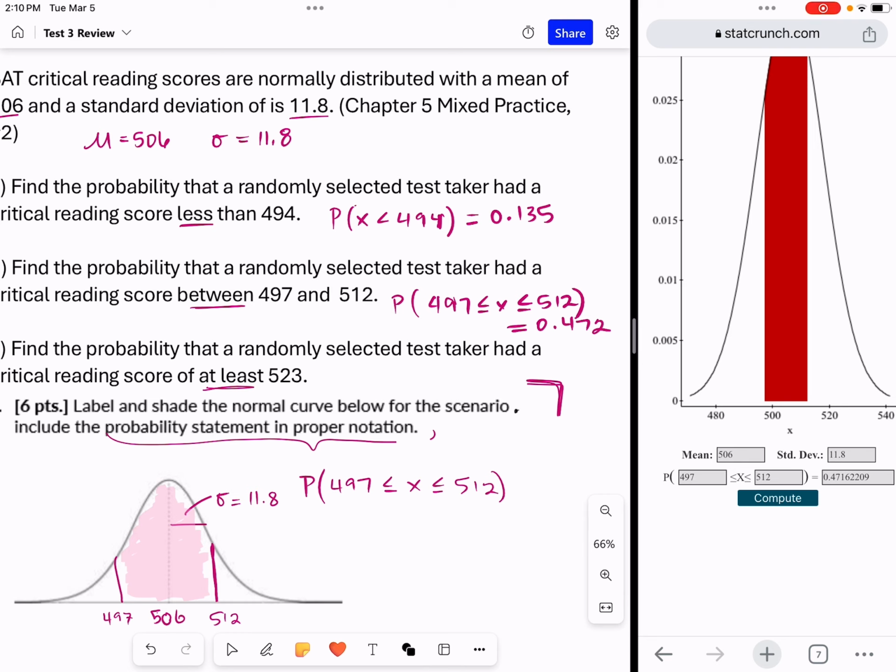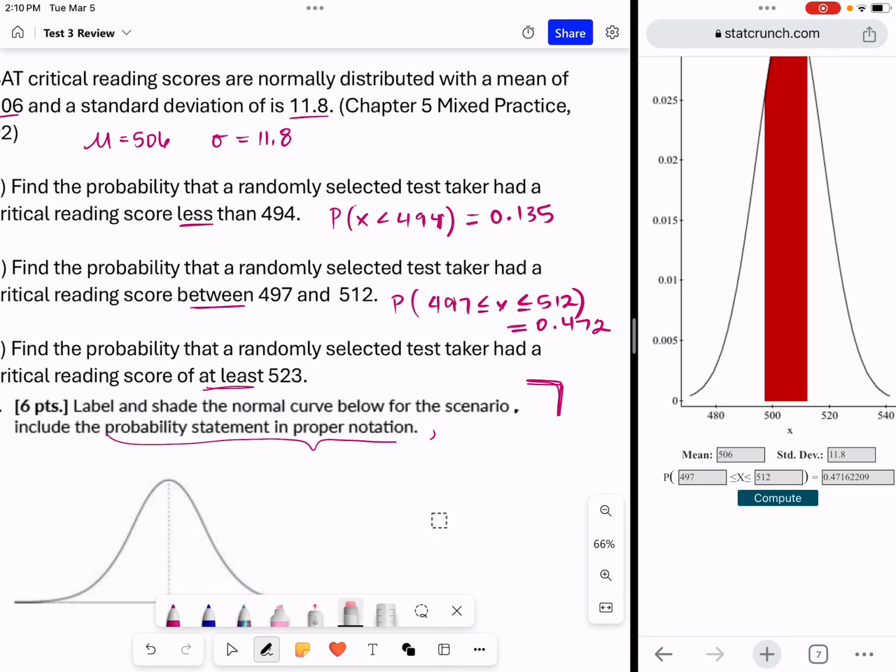And then if instead you were drawing and labeling the normal curve for this third one that we have, I guess I could have left the mean and standard deviation, but that's okay.